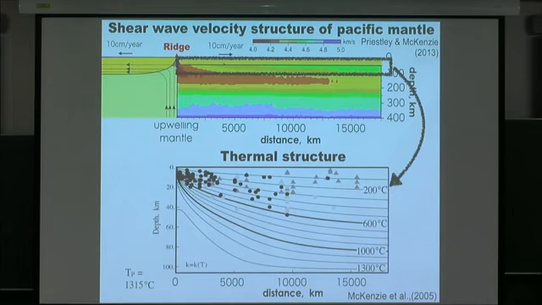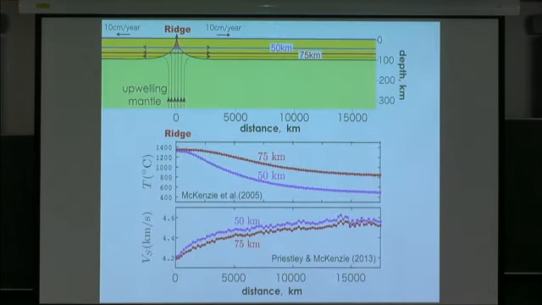These two results are shown here by the profiles in the horizontal direction obtained at 50 and 75 kilometer depths. The upper figure shows temperature profiles and the lower figure shows velocity profiles, both of which vary slowly, extending over more than 15,000 kilometers away from the ridge.